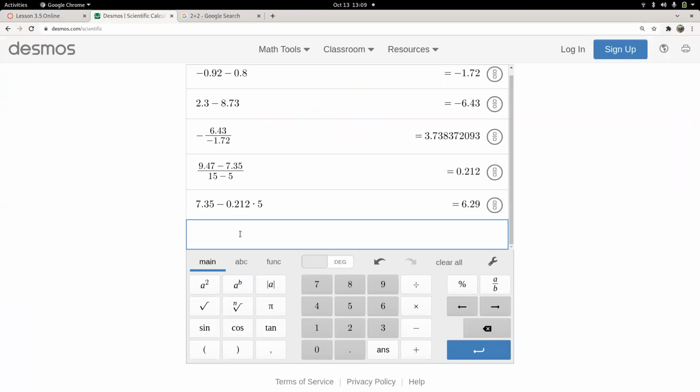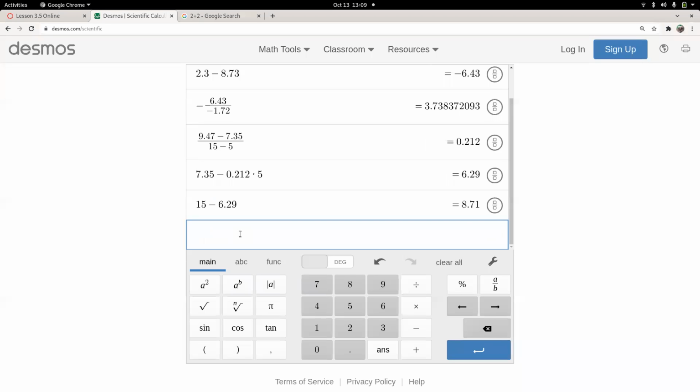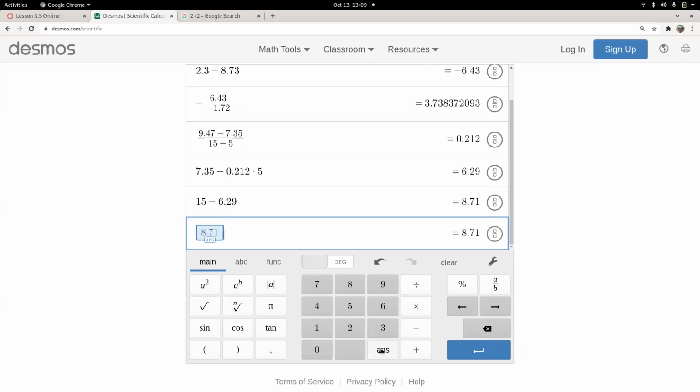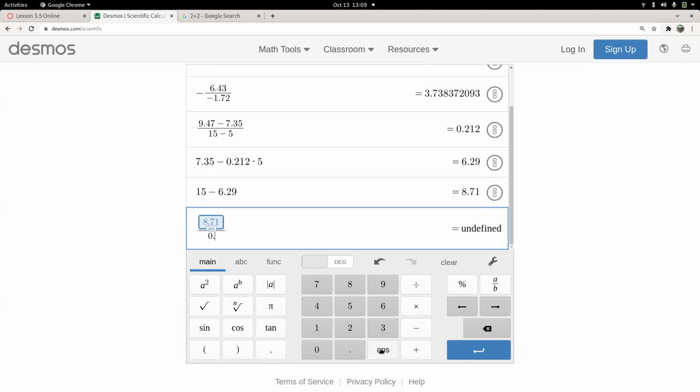So we had 15 minus 6.29, and that gives me 8.71. And then we're going to take that result and divide by our slope, 0.212. And I get about 41 for the answer there.